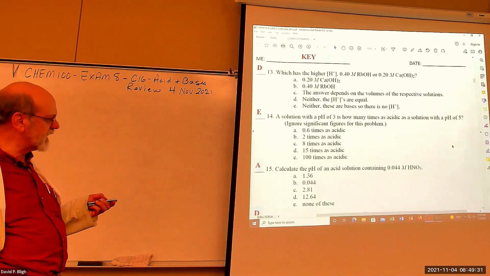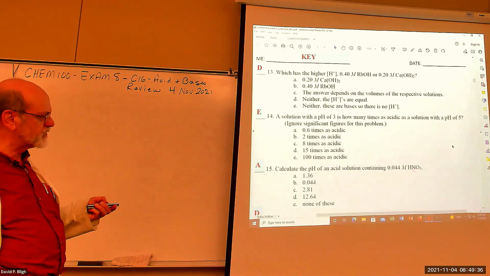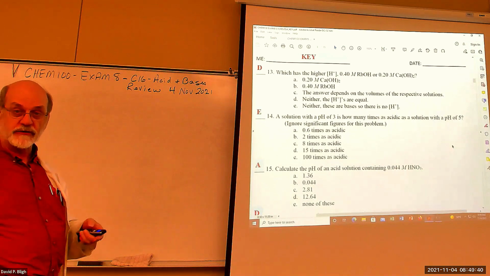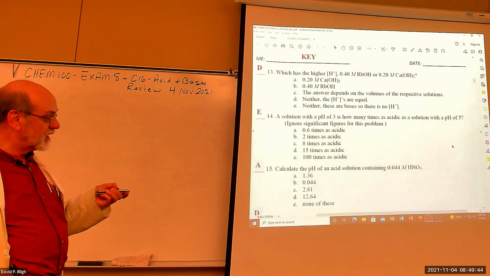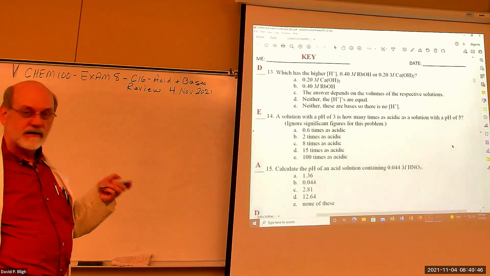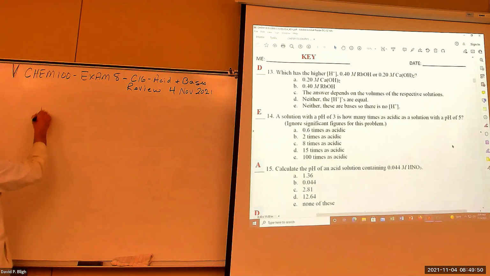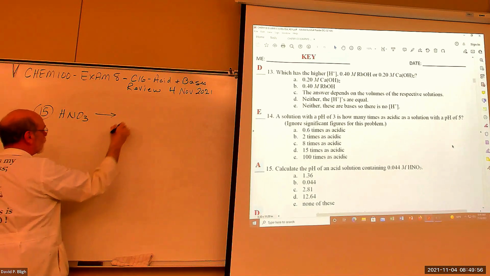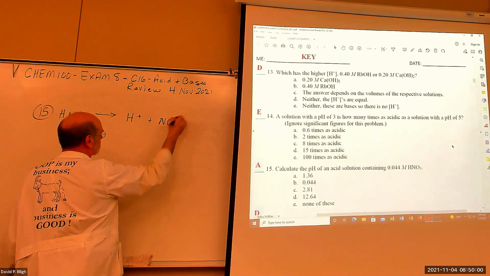What's the pH of an acid solution containing 0.044 molar HNO3? This one is straightforward also. We've done one just like it, only it was more complicated. You have to recognize that nitric acid is strong. Nitric acid in aqueous solution will produce all of this and all of that.